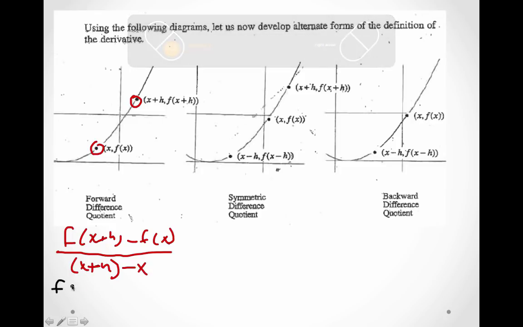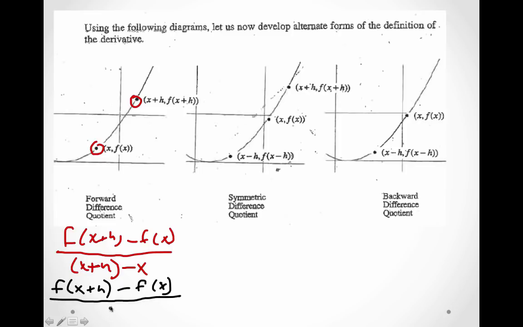This one would be f of x plus h minus f of x, divided by x plus h minus x. When you simplify this, you end up with f of x plus h. This was the one that we probably used the most for the difference quotient.